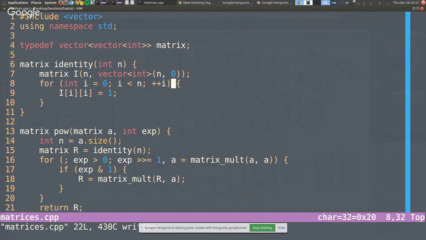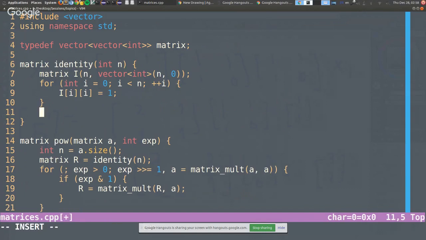So here I begin a matrix and I put n rows in it. And each row is basically a vector of n columns and 0 values. And here I make the diagonal to be equal to 1. Then return the function.